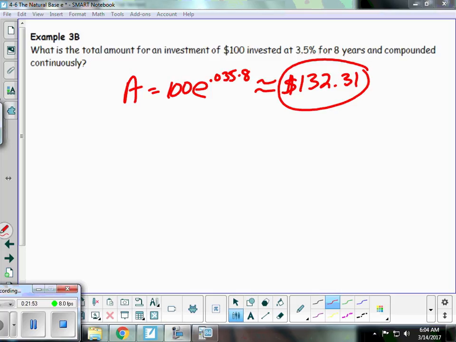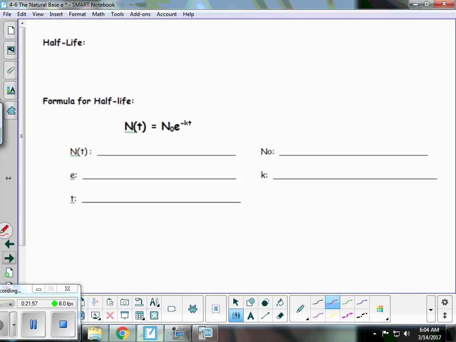So we've been talking about exponential growth with base e. Now let's talk about real-world situations where we would have decay. So we call it a half-life. I think there might be a video game called Half-Life, but I don't know really what it's about.